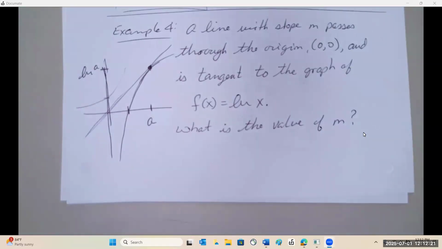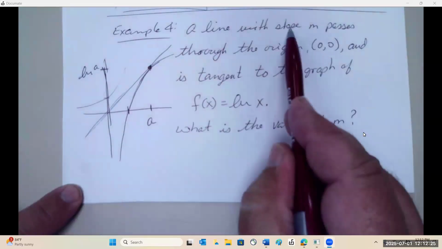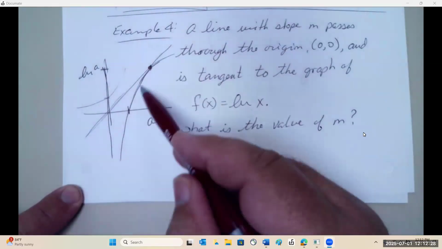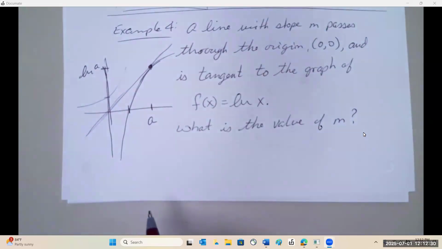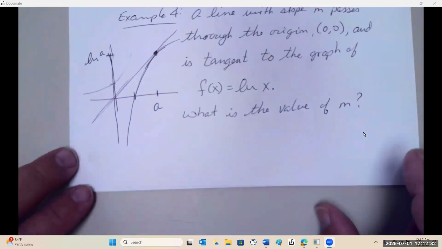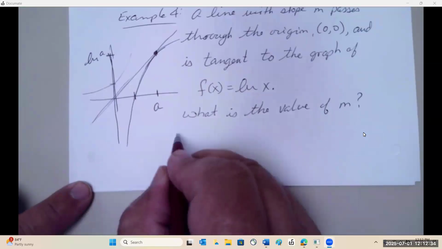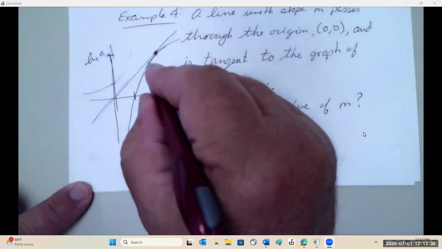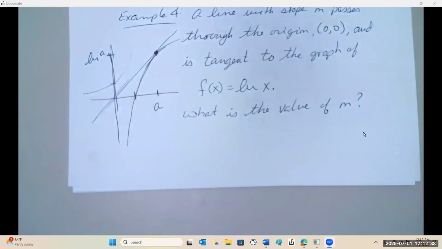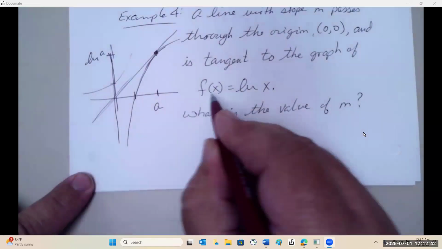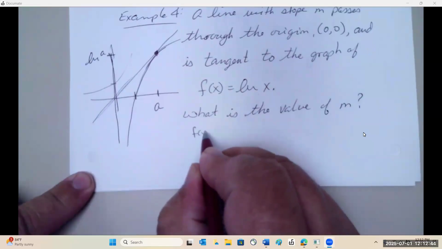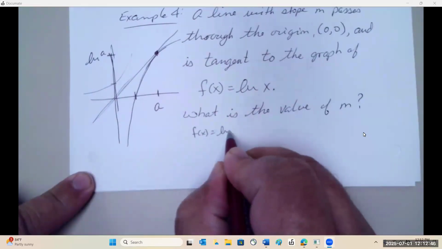So we have two things to compare: the slope of this line and the slope of this curve. So what's the slope of this line? We have f of x equals ln x.